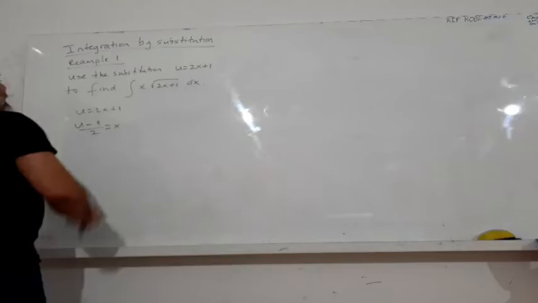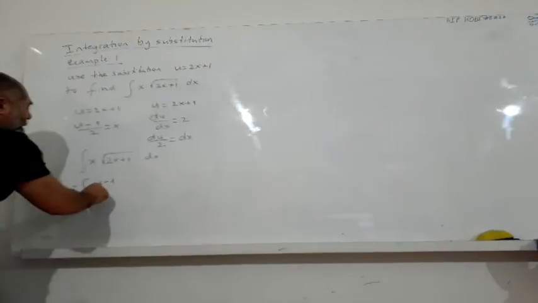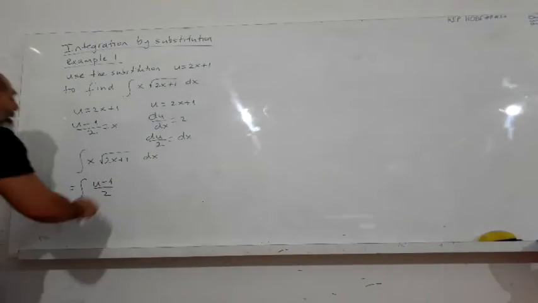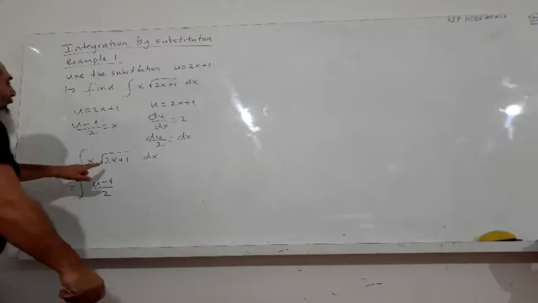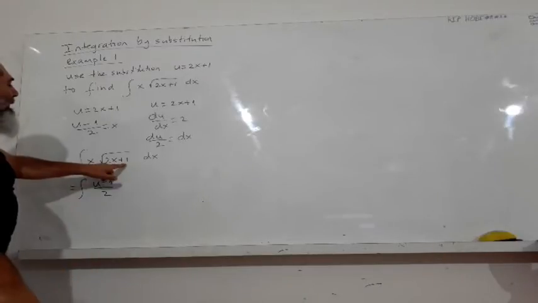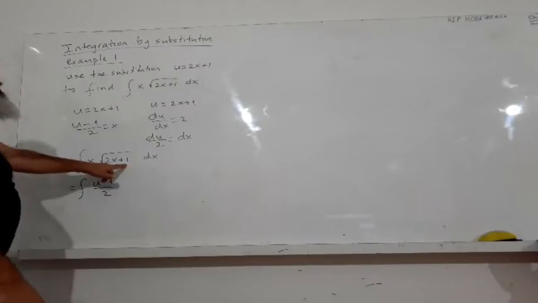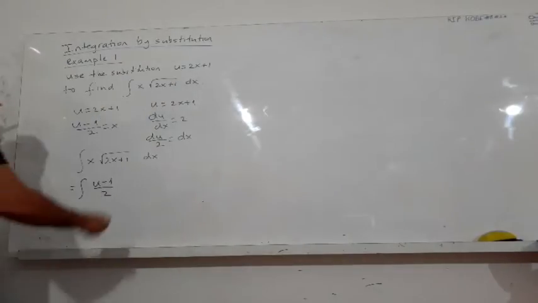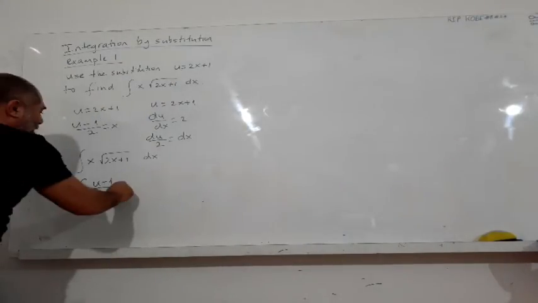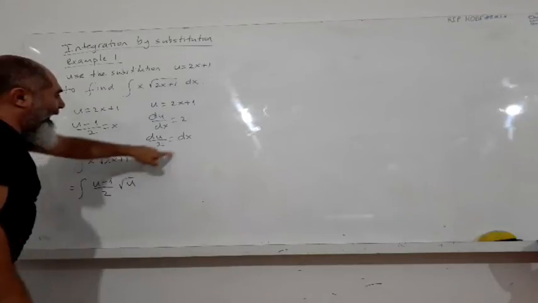In place of x, I am going to substitute u minus 1 over 2. And we know that 2x plus 1 is equal to u, so let's substitute u there. And we have dx there. And dx is du over 2 in terms of u.